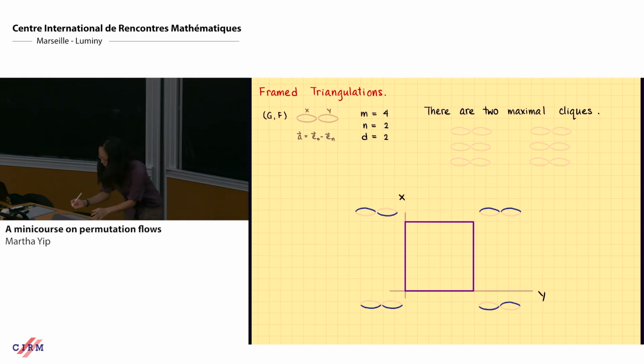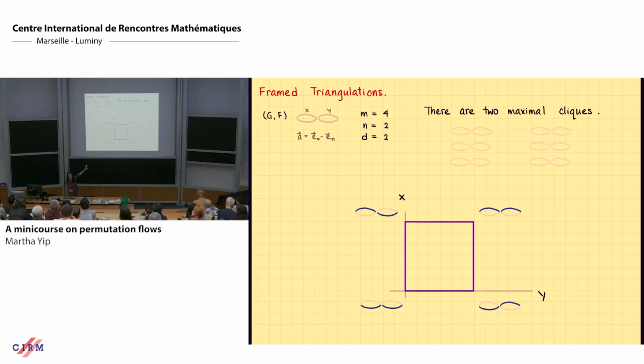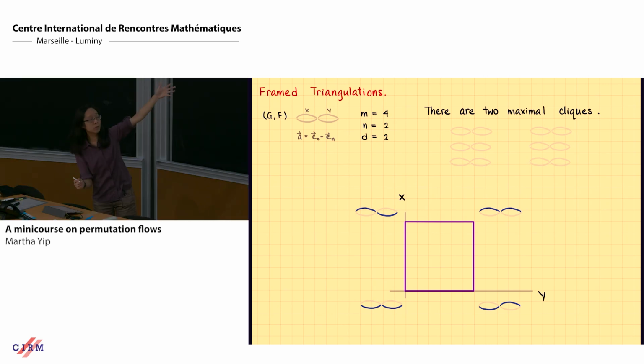So first of all, because this graph has a planar embedding, this framing has a planar representation, then visually it's easy to see when routes are coherent. Routes are coherent as long as they don't cross. So for example, every clique will contain the lowest route and the highest route.